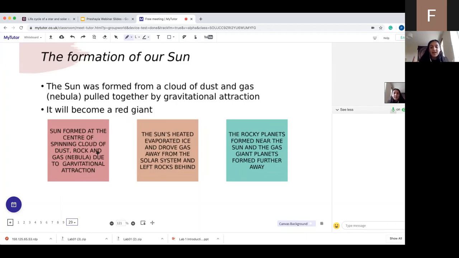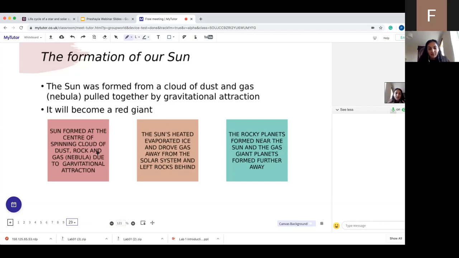That nebula is pulled together by gravitational attraction in space. Okay, so objects of mass have gravitational attraction, so they are attracted together and they come closer and closer and closer together. So the sun is formed at the center of this spinning cloud of dust and rock and gas due to gravitational attraction.